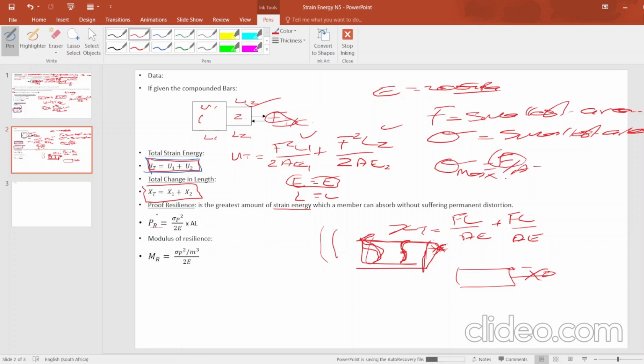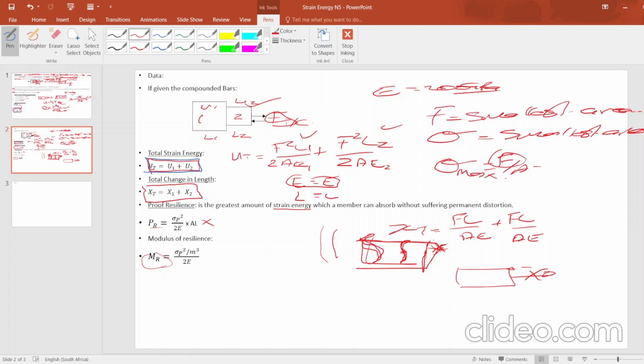Then in calculating the modulus of resilience, which is made up of the proof of resilience, I've denoted it as MR. It will be stress squared divided by 2 multiplied by Young's modulus, okay?